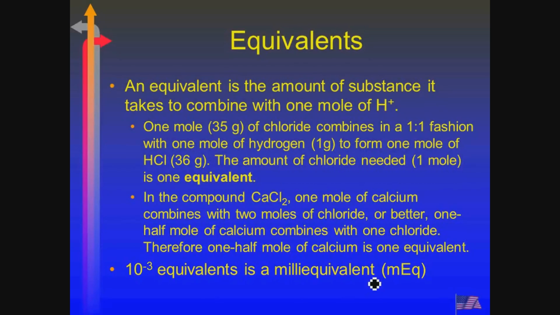So we're going to talk about that extra chloride that is needed, 1 mole, as 1 equivalent. In an example of calcium chloride, you end up having 2 moles of chloride mixing with 1 mole of calcium. So we would say that a half a mole of calcium is one equivalent in that. This is where that term milliequivalent comes from, because you're looking at a 1/1000th of that equivalent that would be there to mix with the hydrogen ions.